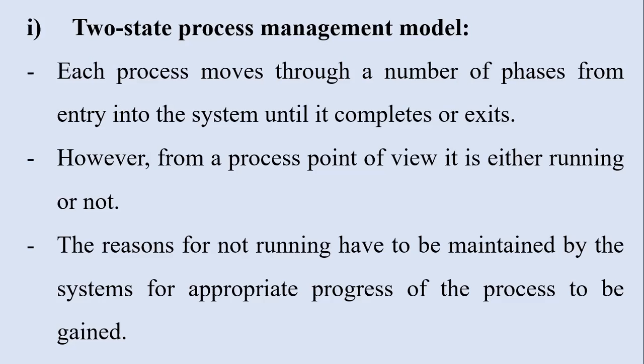Remember, my dear students and the rest of the learners, that each process moves through a number of phases from its entry into the system until when it completes or exits. But from a process's point of view, a process is either running or it is not running. The reasons for not running have to be maintained by the system for appropriate progress of the process to be gained.